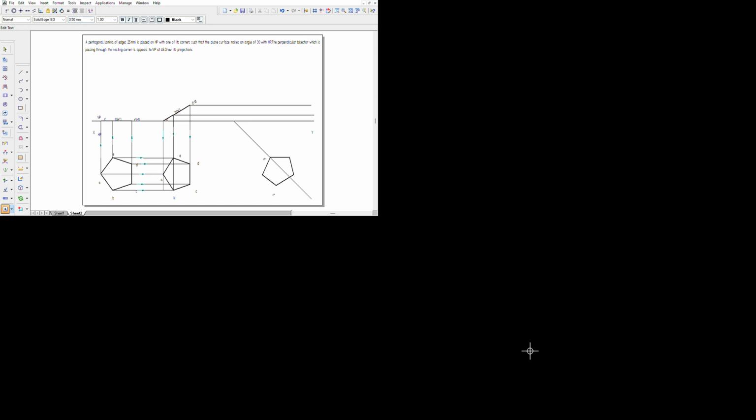Let's name this as B. Let's take a normal line and project this.